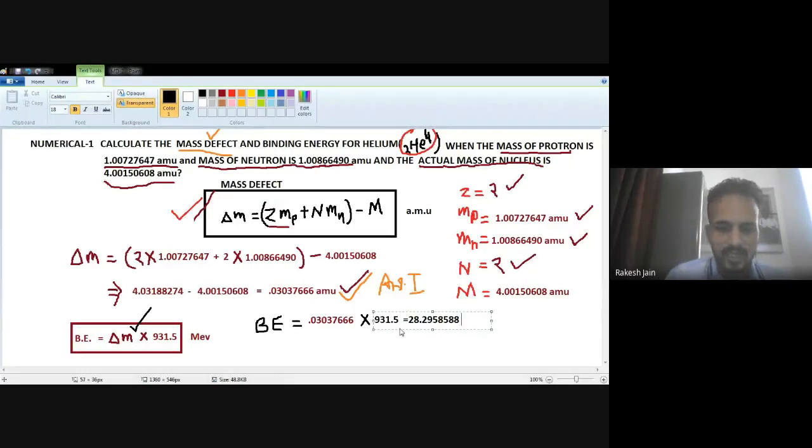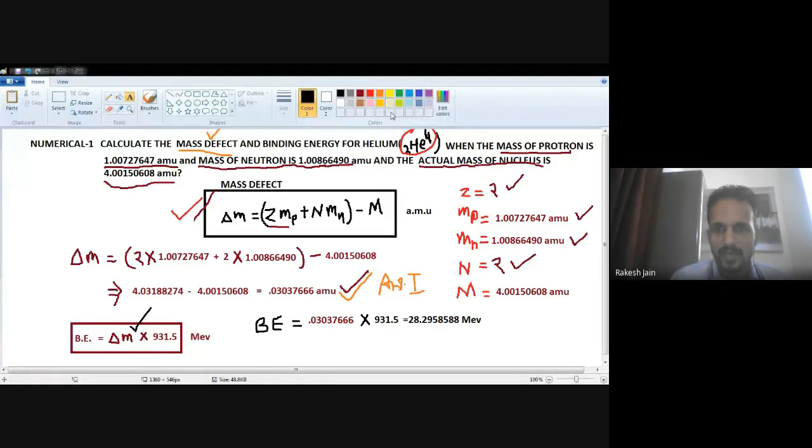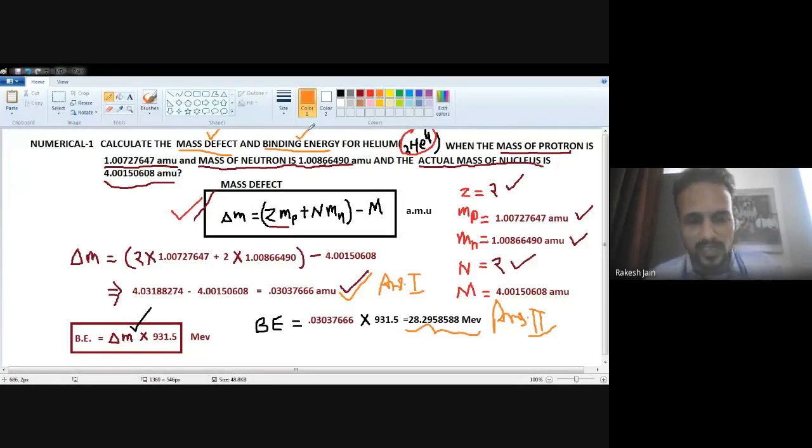The unit is mega electron volt. So this is answer number second, that is the binding energy. So we completed, with the help of the concept of mass defect and binding energy, the total numerical that is in front of you.